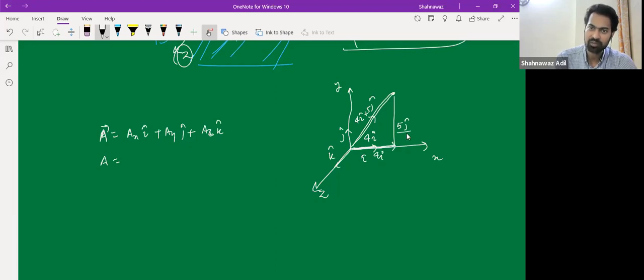This is 5j. And let's say from this point I move in the k hat direction. K hat direction is not in this screen, right? This screen is 2-dimensional. So k hat direction would be where? Can you guess, Siddhika?